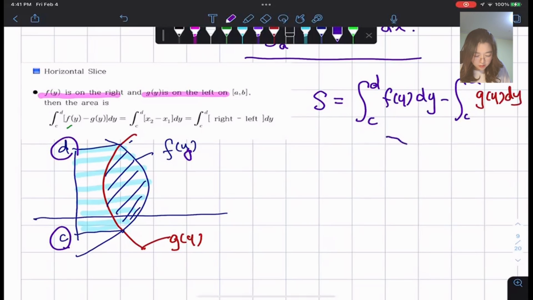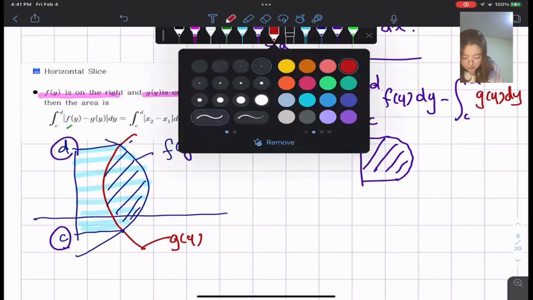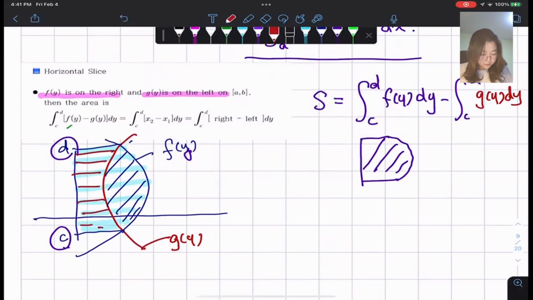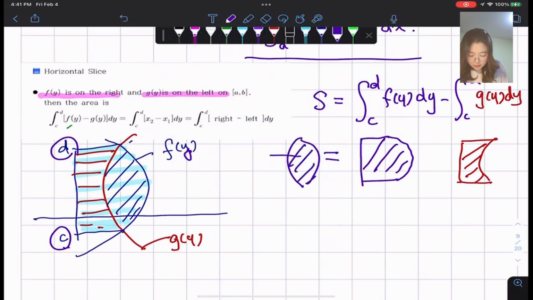This is this part. Yeah, this is this part. And you can get the area here, this part. This is a graphical method.